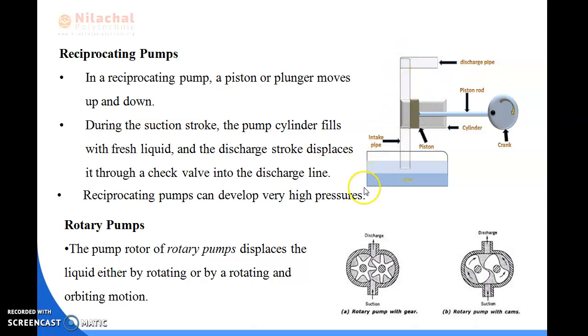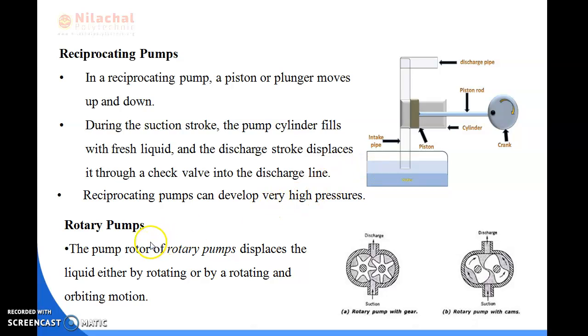Reciprocating pumps can also develop a very high pressure. So this is one type of image of a reciprocating pump.